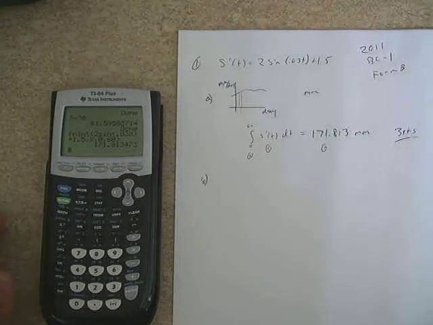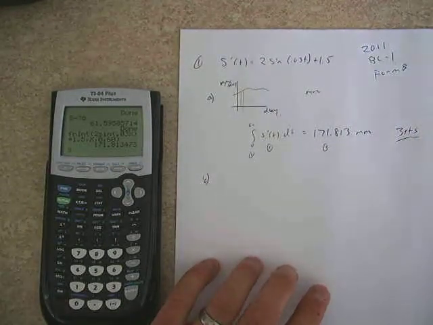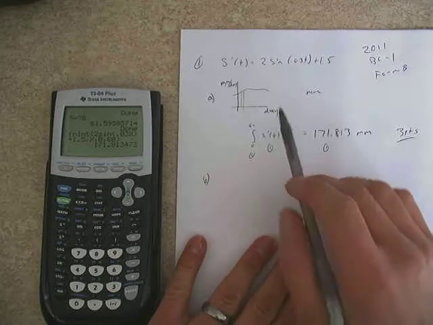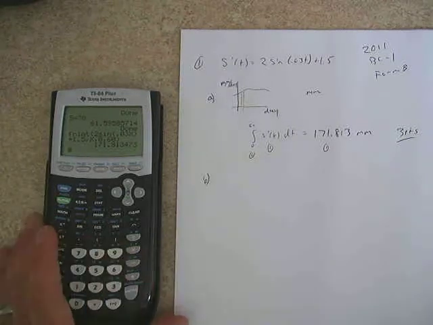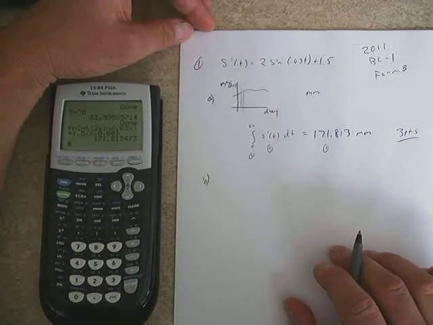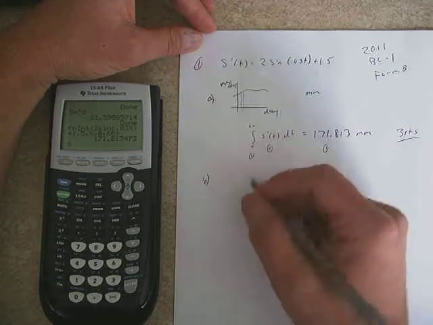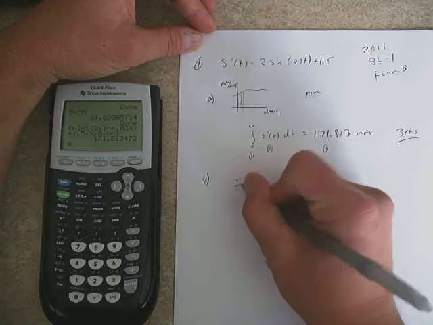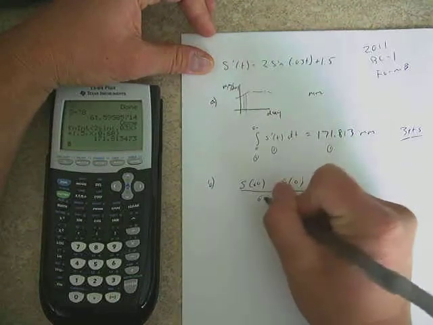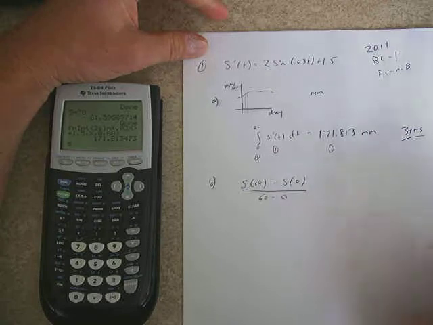So to find the average rate of change, we need to figure out the amount at 60 and the amount at 0, and we're going to do 60 minus 0.